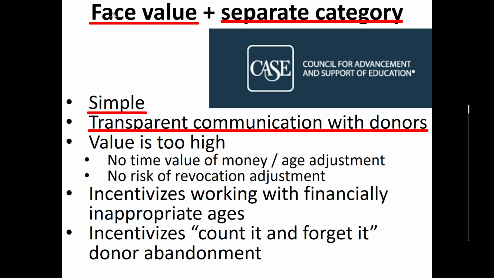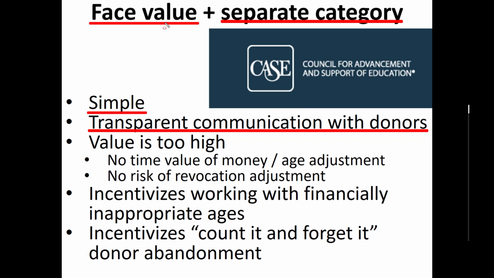If they have written a gift in their will for $1 million, then you better treat that as a $1 million gift in all of your communications with the donors. All of these other counting schemes that we're looking at are internal plans that we use to guide appropriate behavior. But in communication with donors, the gifts are always face value gifts.